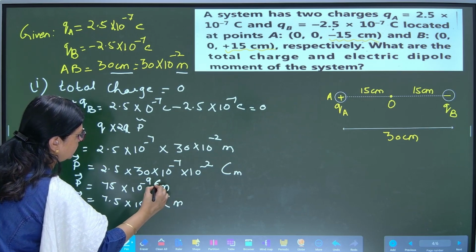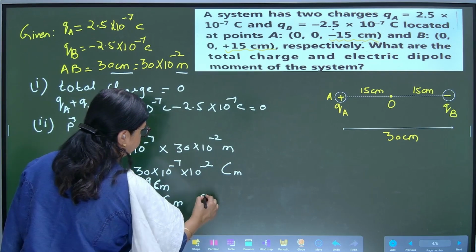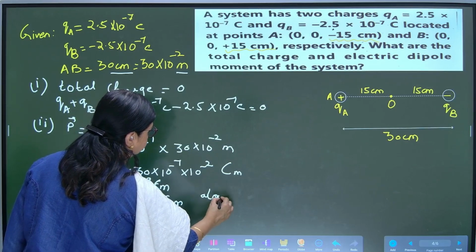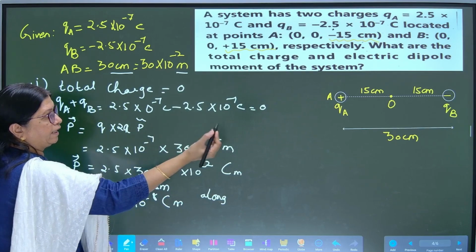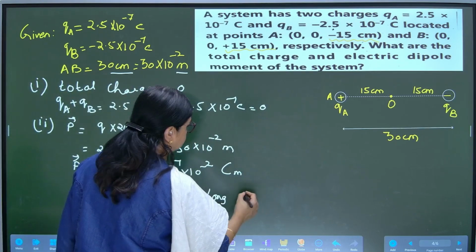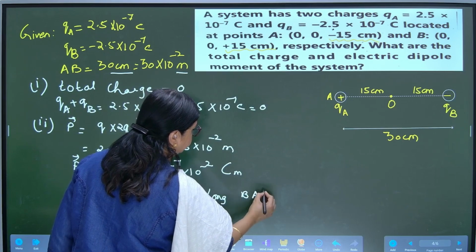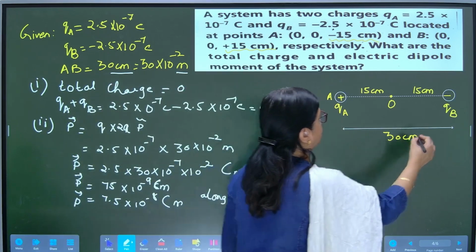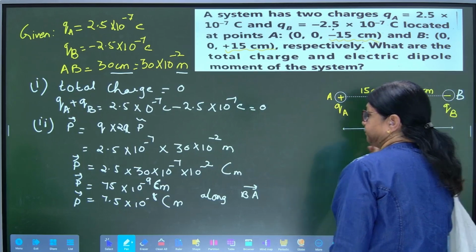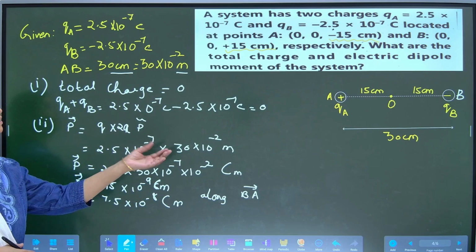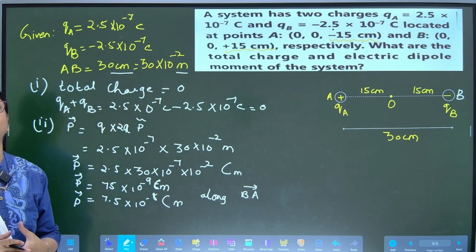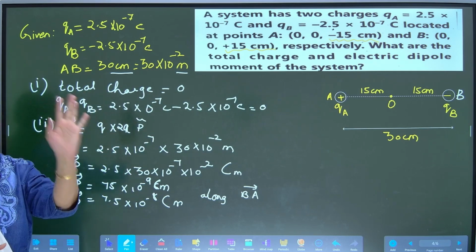Remember to write the C a little bit bigger, along, what is the direction of the dipole? Negative to positive. So along B A. Fine. That is from B to A. That is the direction which they haven't asked us, but they asked us to calculate the dipole moment which I have written. Fine. So take a screenshot. This is a simple question, but looking at it, you may wonder how to solve it, but quickly you can do it with your theory knowledge itself. Fine.